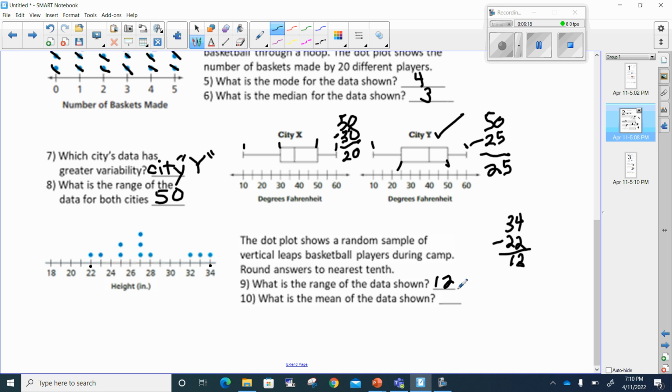Next, what is the mean? That's going to be a little bit harder. We're going to add all these together. We got 22, and in between 22 and 24 must be 23. I know 22 and 23 make 45. I also know we have two of them that are 25, and two 25s make 50.